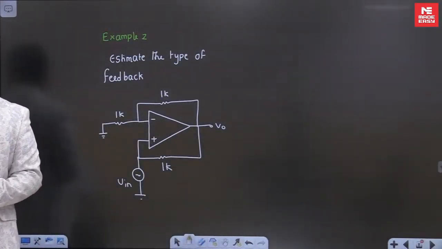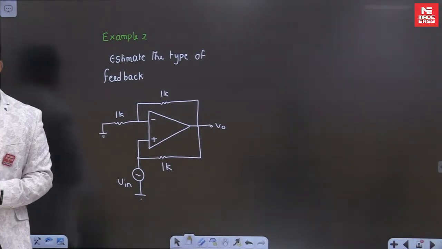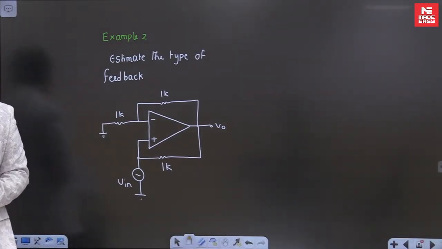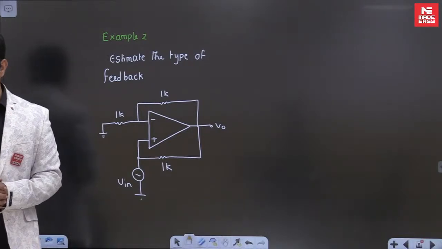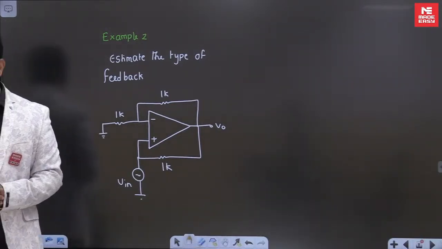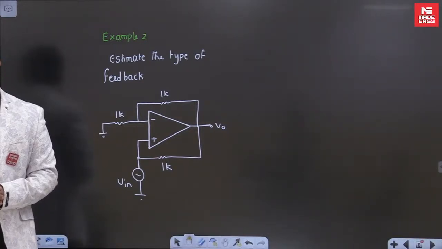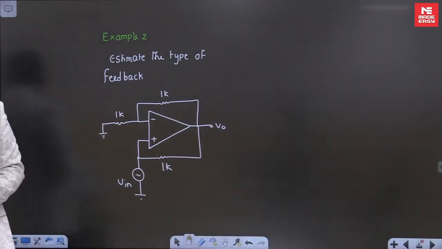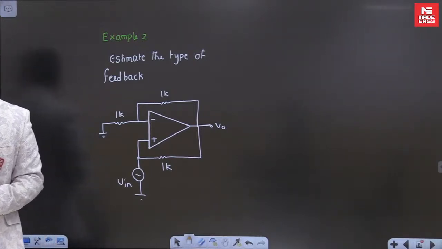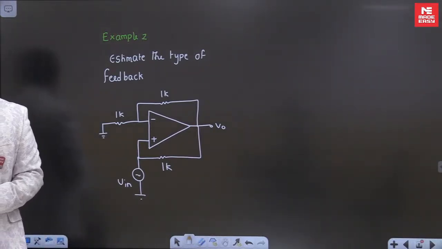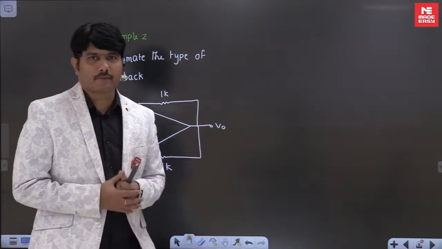Again, this person is telling negative feedback. Great. This person is giving good answers. Very good. Jyoti is also giving negative feedback. Everybody is giving it, Swati Gupta, Rinku, Verma. Very good. Nice. You understood the trick, I think.